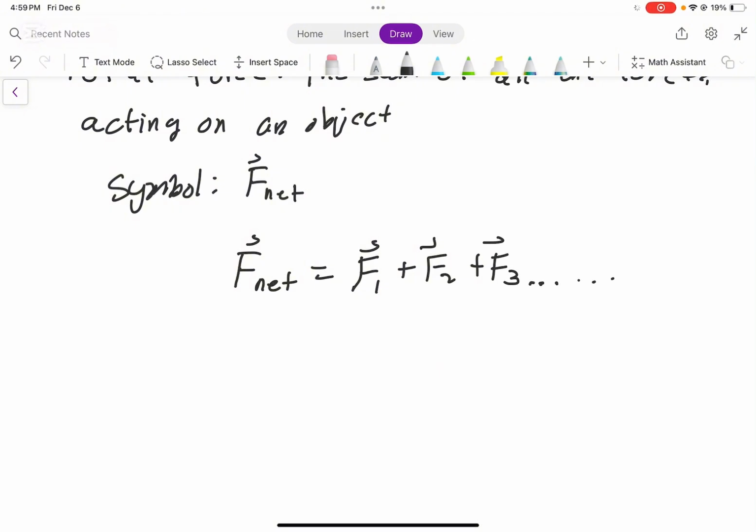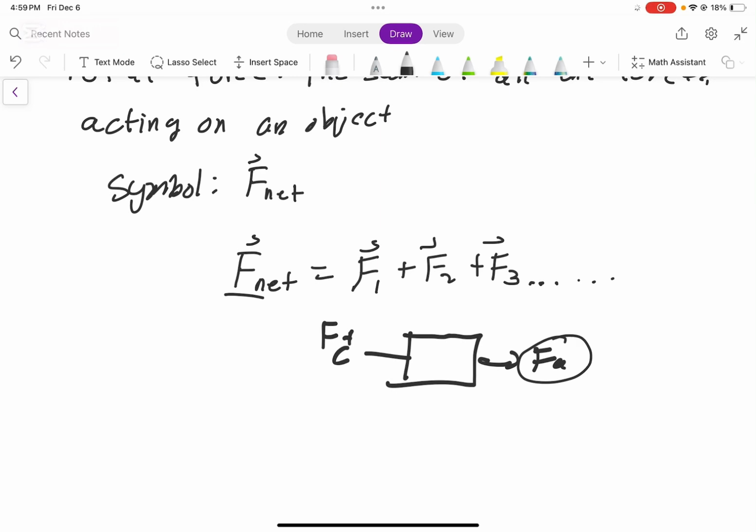We want to make sure that our force is the total and sum of all the forces. So if we have a free body diagram here, and maybe we have a force applied here, we have a force of normal, force of friction here. If we want to find out the net force, we have to add the force of friction with the force applied to get the net force.